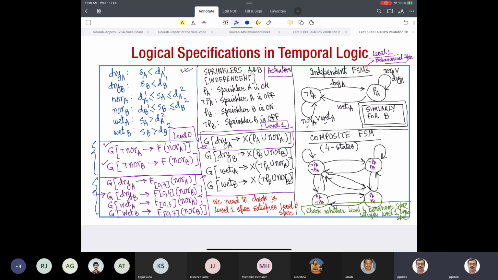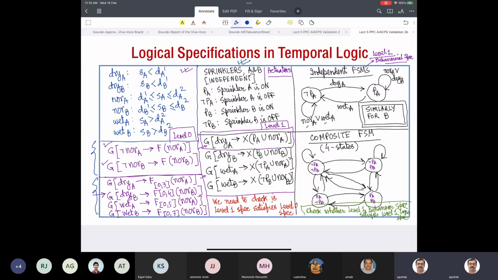Then we moved on to the two sprinkler definition at level 1. So we went to our first refinement, level 1, and we added two more Boolean variables, PA and PB. PA to signify that sprinkler A is on, PB to signify sprinkler B is on. And now with these two more Boolean variables, we started writing properties including the sprinklers.